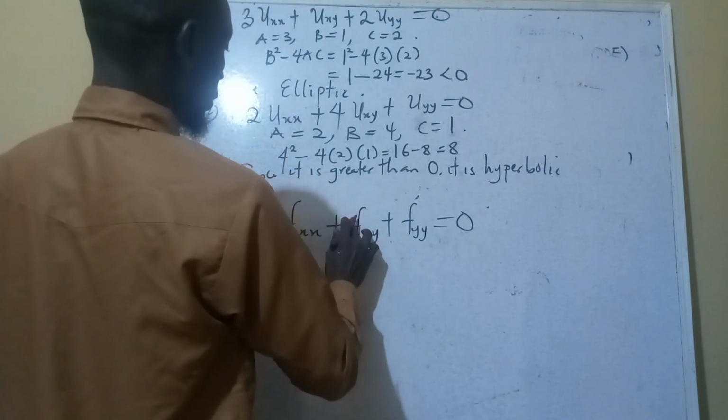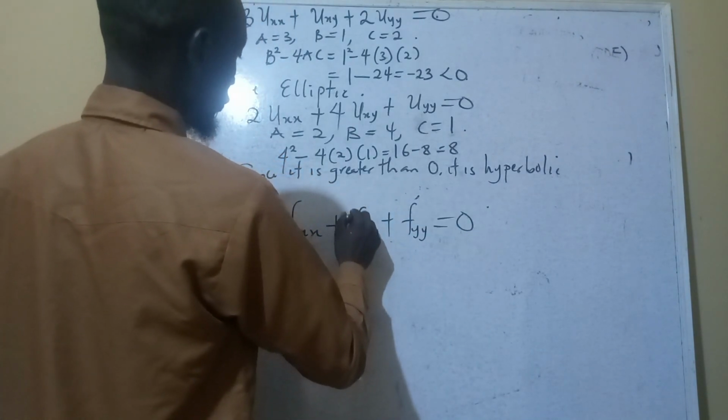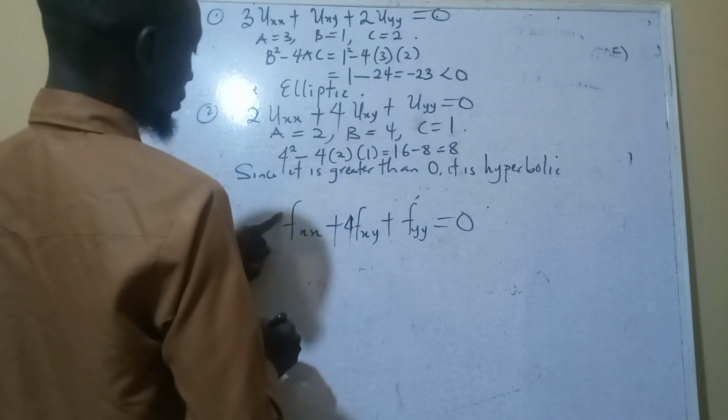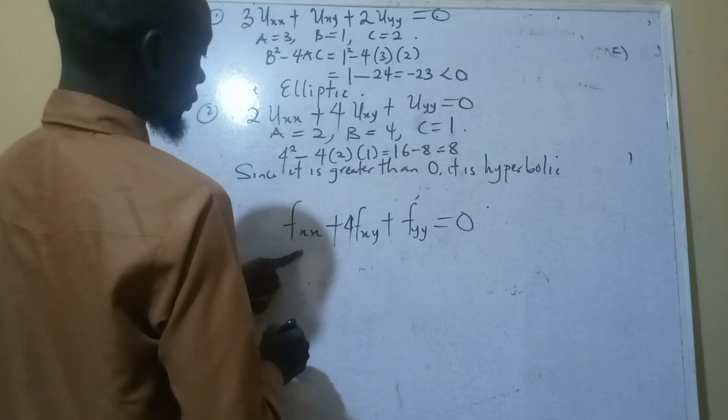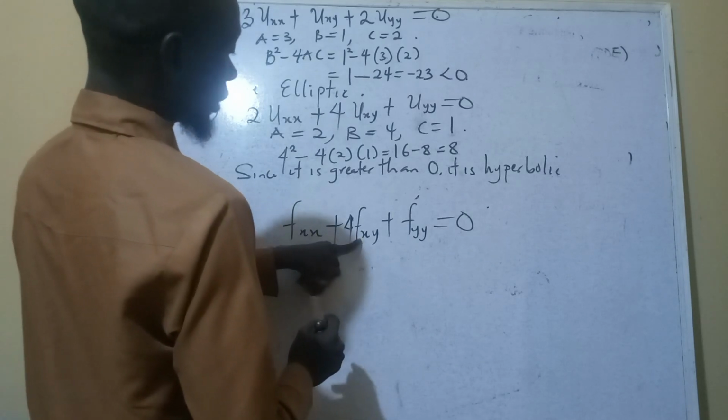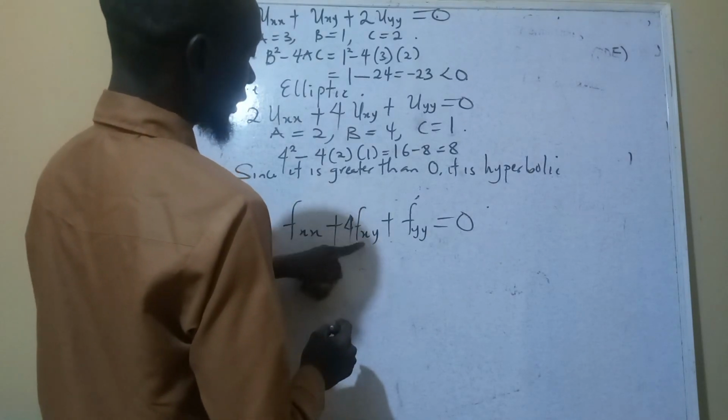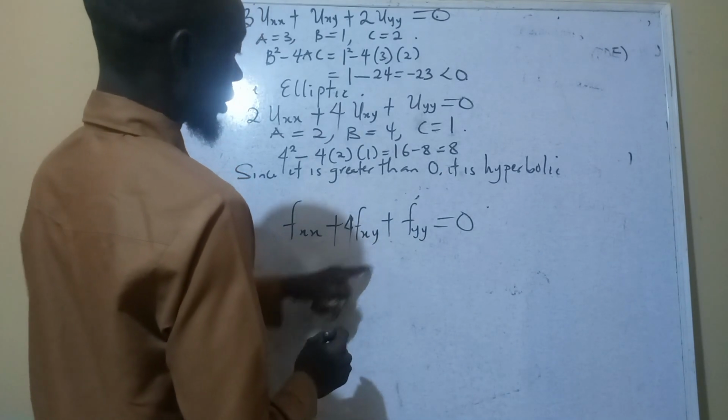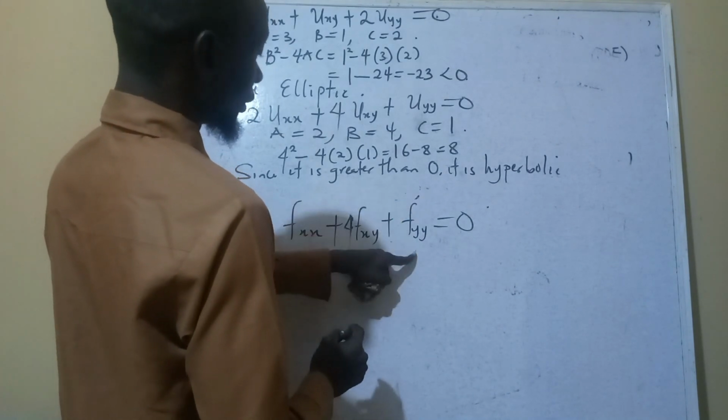Let me say this one is 4. You can see that this simply means the second derivative of f over the u squared, the f over dx dy, and the f over dy squared.